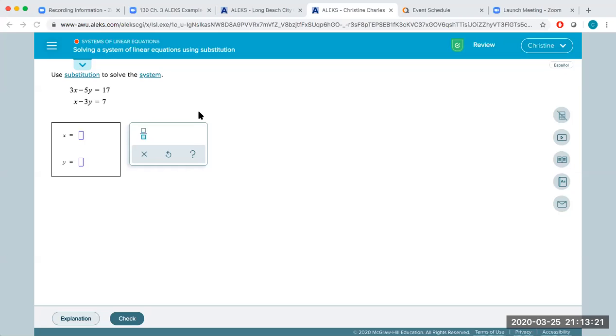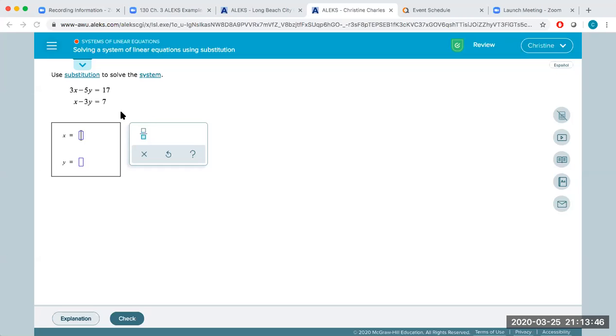So basically for a substitution method, we're taking one of these line equations, isolating one variable. Whatever that variable is equal to, we plug that into the other line equation and solve for the second missing variable. I know, sounds weird, right? But just hang tight with me for a moment. We will go over this. It's better to see it in an example or hear it in an example.